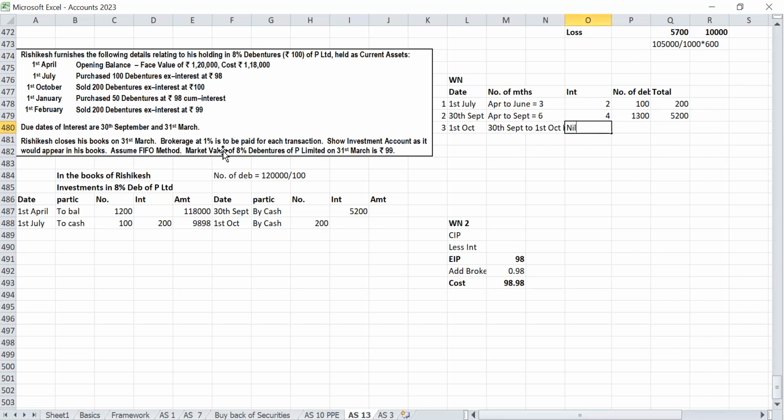Interest will be 0. Only one day, so nil, not applicable.